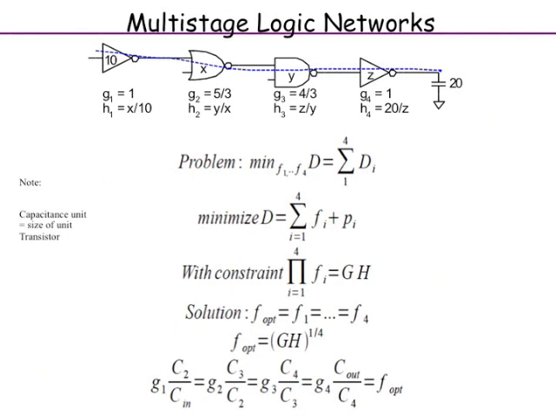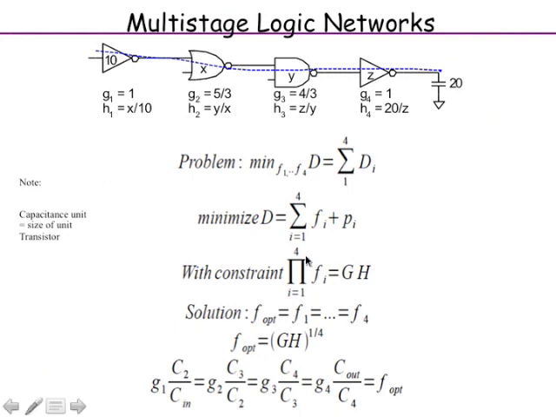So all the F's are equal, and you can try to derive it analytically: you can differentiate, put the derivative equal to 0, find the values and so on. But basically, anytime we want to minimize the sum with the constraint that the product is a constant, the answer is all variables have to be equal.